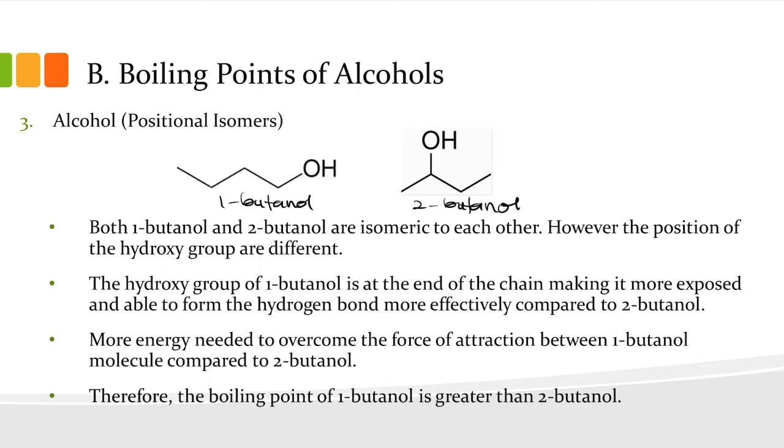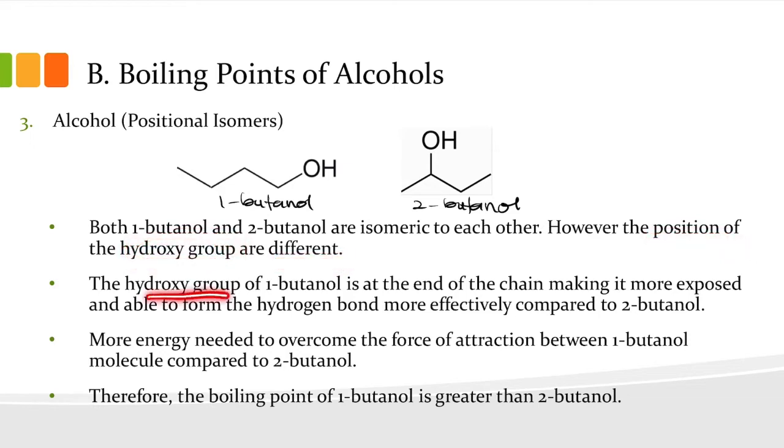For 1-butanol, the OH group is at the end of the chain, while for 2-butanol, the position of the OH group is at the middle of the chain. So we can conclude that 1-butanol and 2-butanol are isomeric to each other. However, the position of the hydroxy group is different.